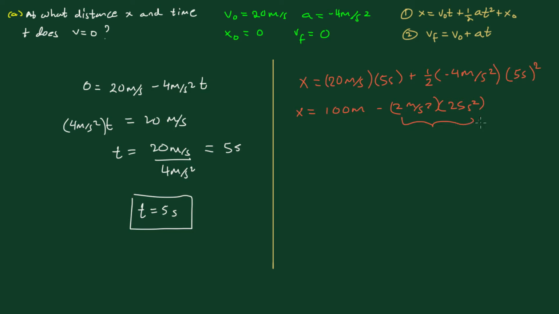So this here comes out to be 50 meters. So we're going to have x is equal to 100 meters minus 50 meters, which is equal to 50 meters. So at x equals 50 meters, the particle comes to a complete halt because its final velocity is equal to 0.